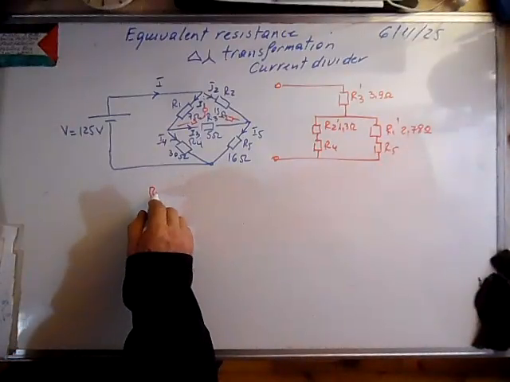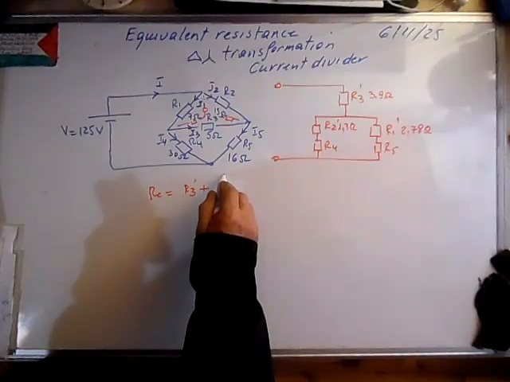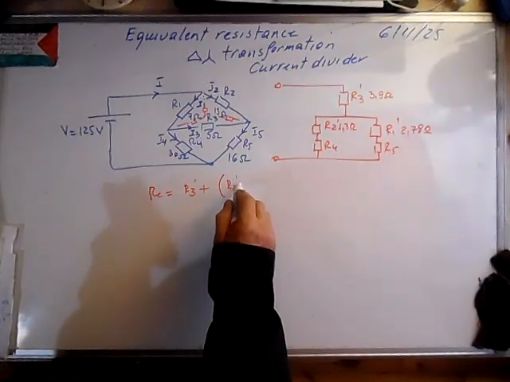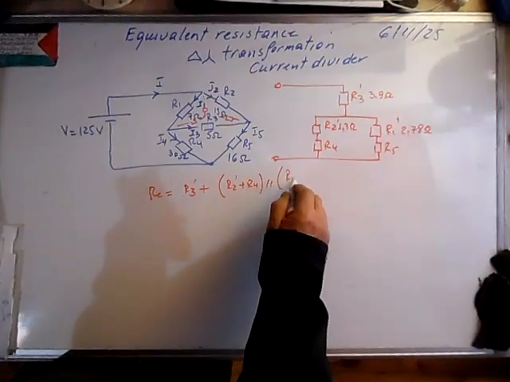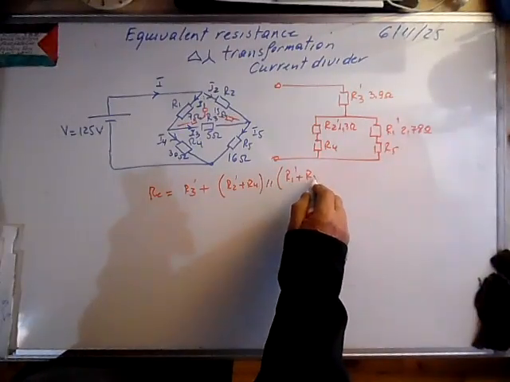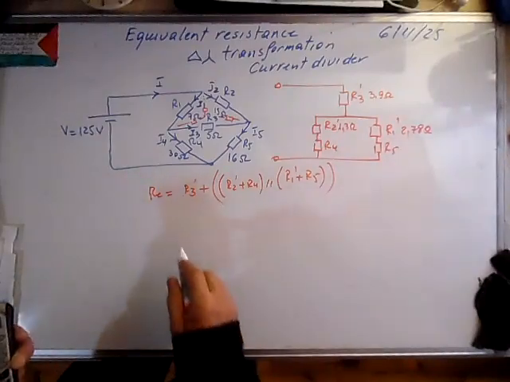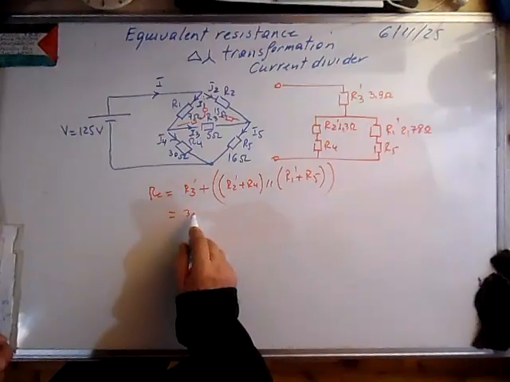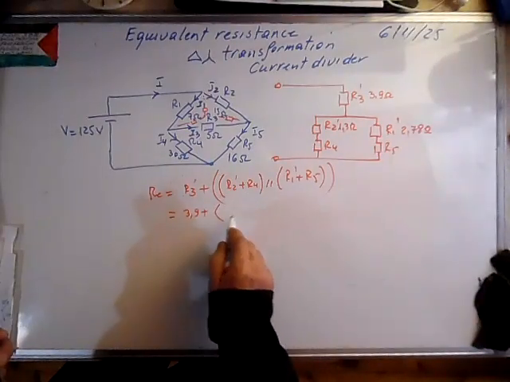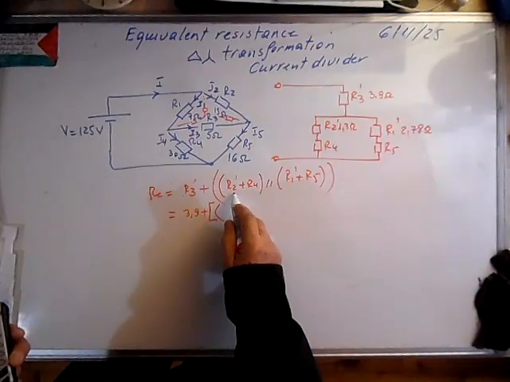The equivalent resistance is R3 prime in series with R2 prime plus R4, which is in parallel with R1 prime plus R5. R3 prime is 3.9 plus R2 prime plus R4.